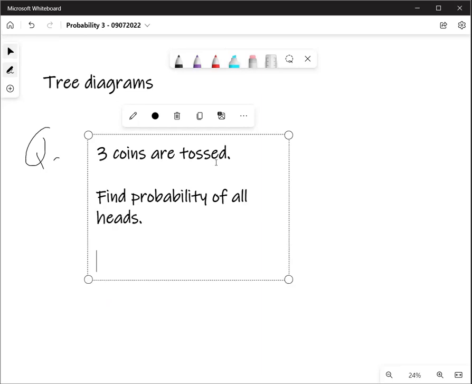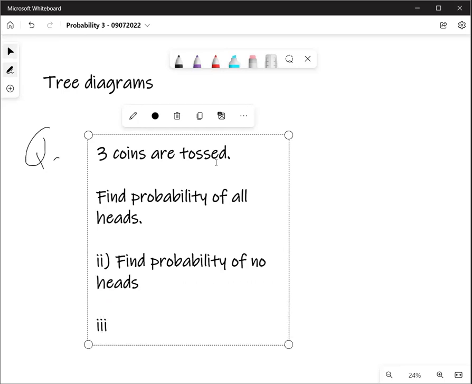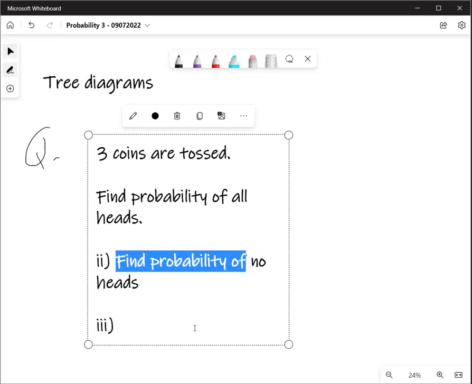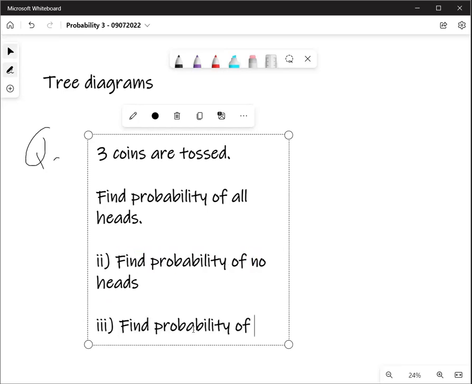That's the first part of the question. Second part of the question is find probability of no heads. Third part of the question is at least 2 heads. Let's say 2 tails.